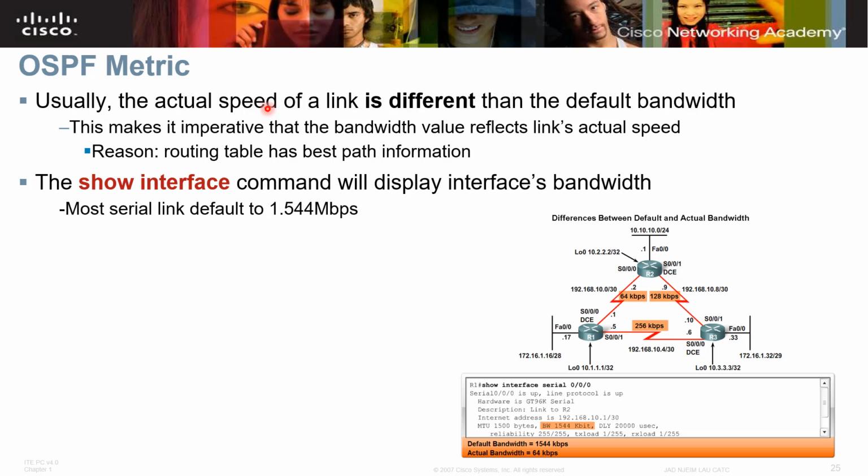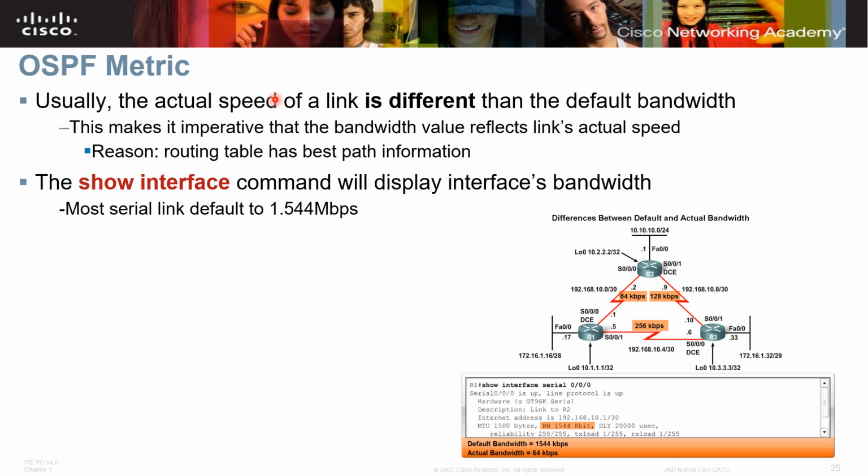Here, usually the actual speed of the link is different from the default bandwidth. Usually the speed is not exactly the value of the bandwidth. At some time the link may have some congestion; I have large bandwidth, but the speed is still low due to, for example, high load or congestion on this link.